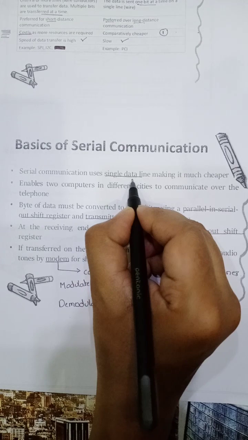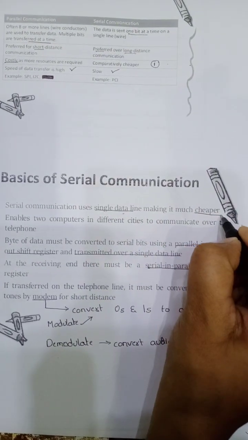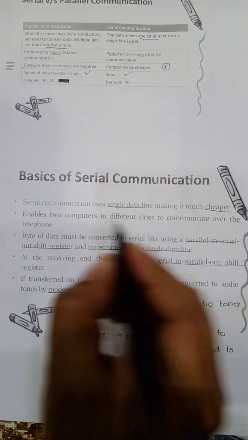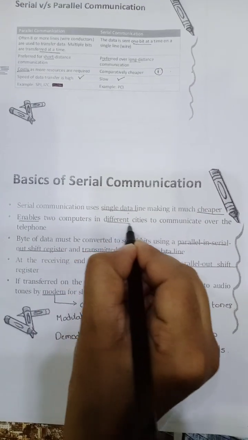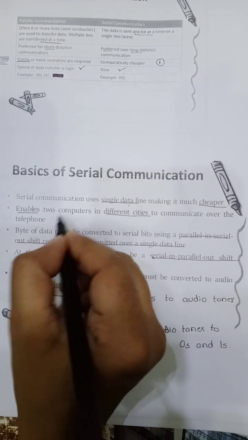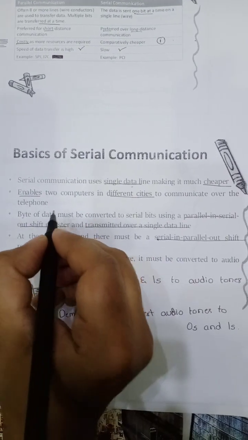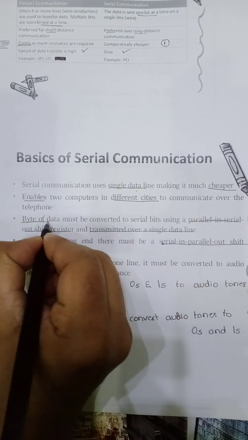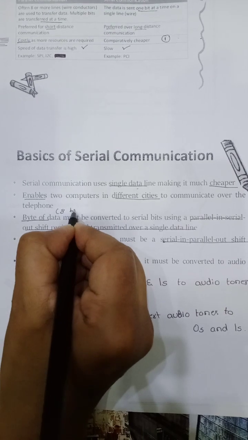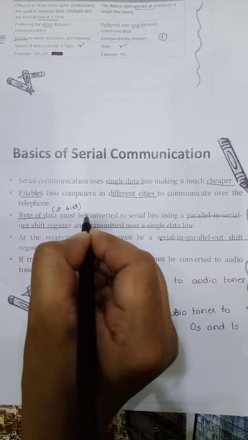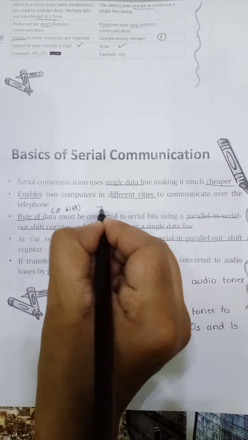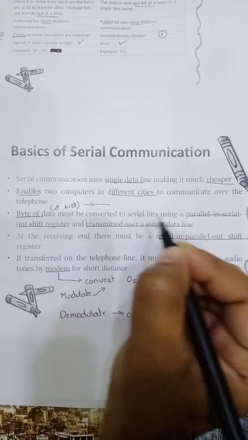As we are using a single data line, definitely it will be much cheaper. It enables computers in two different cities to communicate over the telephone. Here, if we have a byte of data, that means 8 bits, all the 8 bits cannot be transmitted simultaneously. Rather, the data bits will be transmitted one after the other.